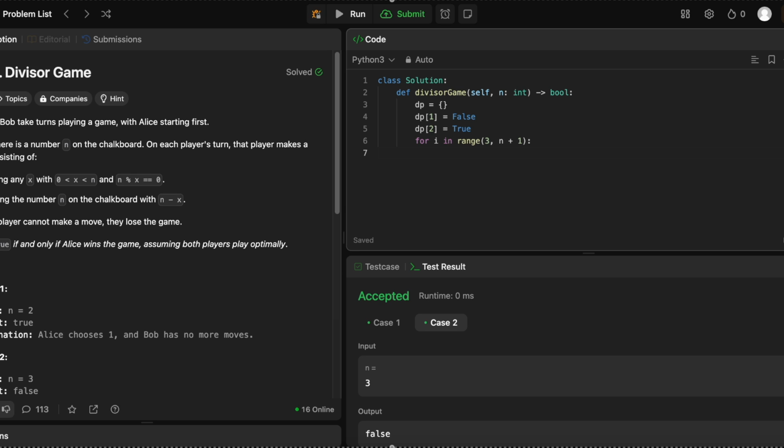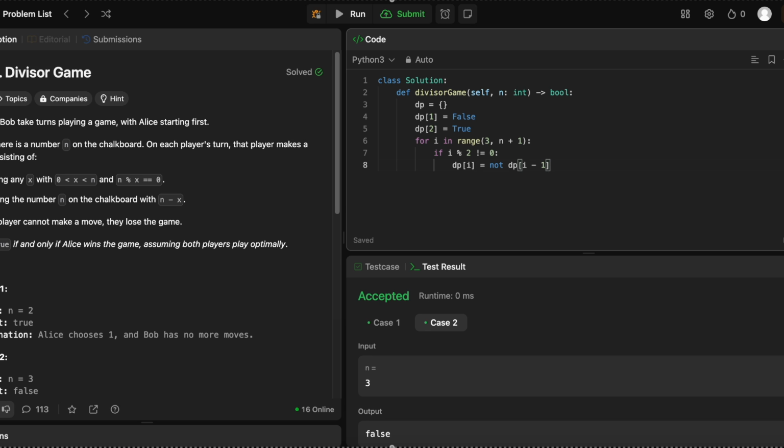What we're going to do is we're going to say if i is odd, what must happen? Well, that must mean that dp of i is equal to not dp of i minus 1. Now, I need to explain this a bit because some people ask me, what if the number is 9? You can subtract 3. So why do we not consider dp of i minus 3? Well, the reason for this is because of how DP works.